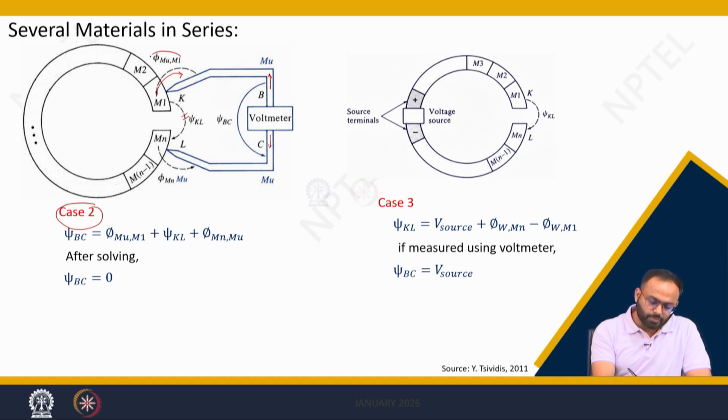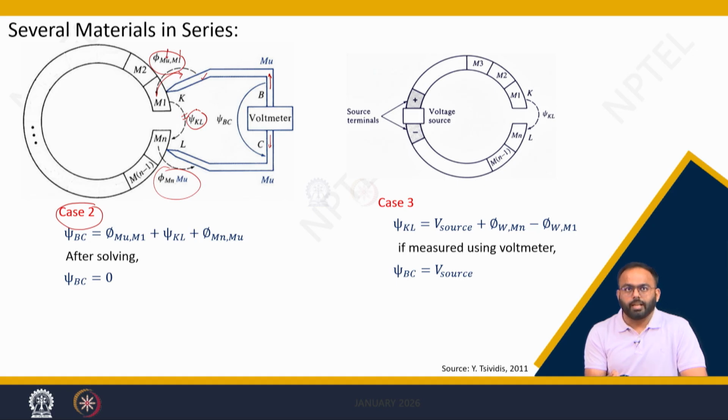This contact potential is between Mu, which is the material of this wire, and M1. Similarly, there will be a contact potential here. And you are interested in whether you can measure psi KL by a voltmeter. So ultimately you are interested in calculating psi BC.